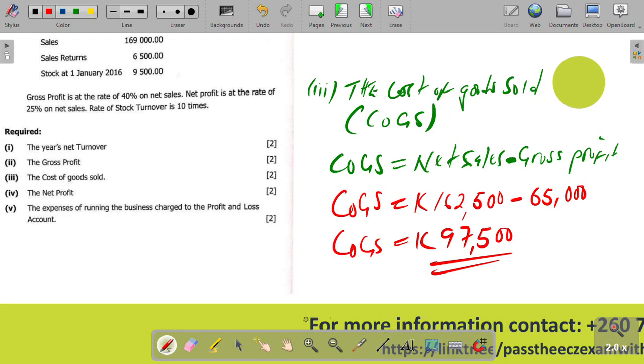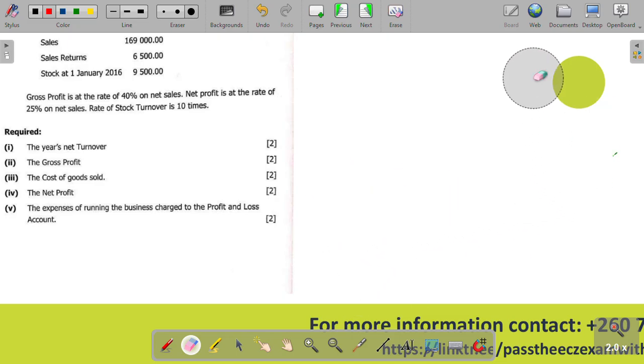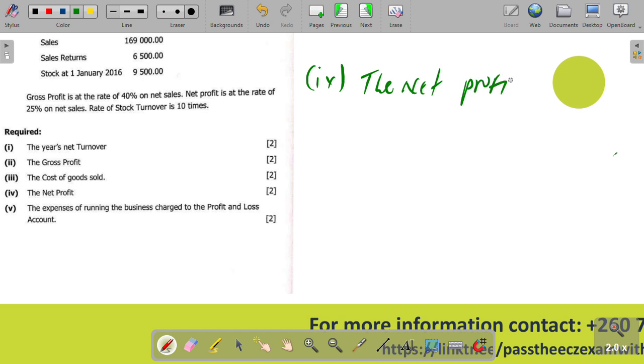Okay, continue. I'm rubbing again. All right, we are doing this other question, 1V, the net profit. So what is the net profit?